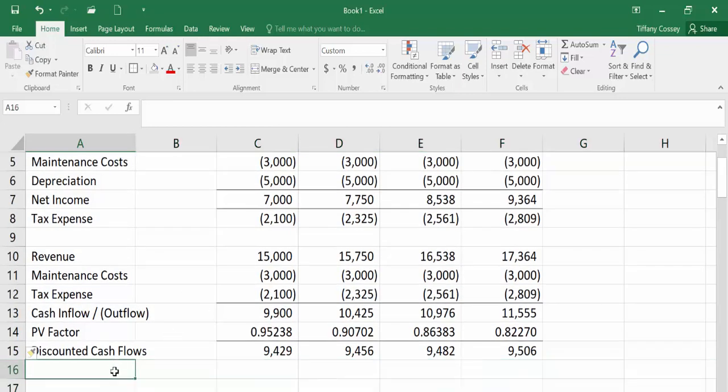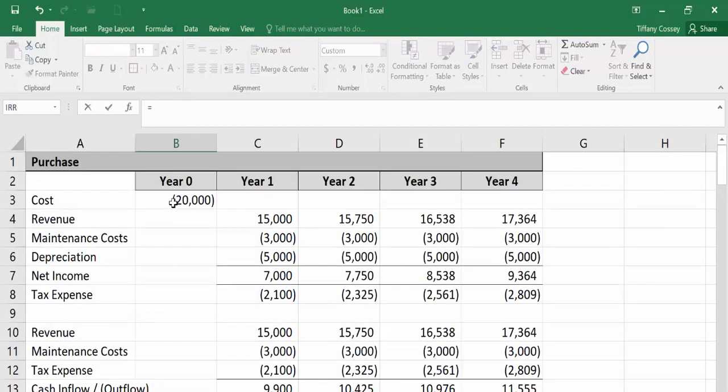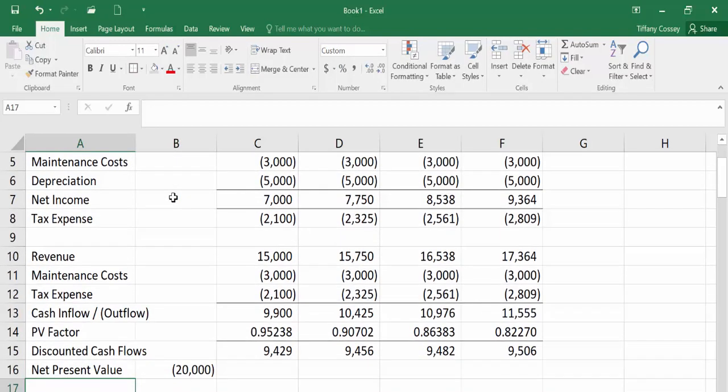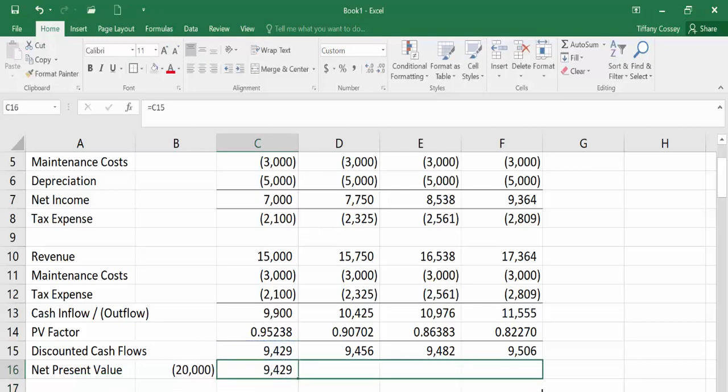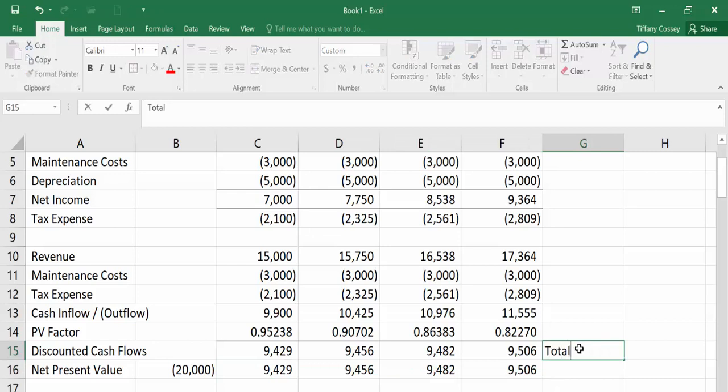So I'm going to come down here and make another line for the net present value. And I'm going to bring down that negative 20,000 because it represents an outflow of cash when we buy the machine, and we're buying it at the very beginning of the project, so it's already in present value. And then I'll bring down all of the cash flows that we just calculated.